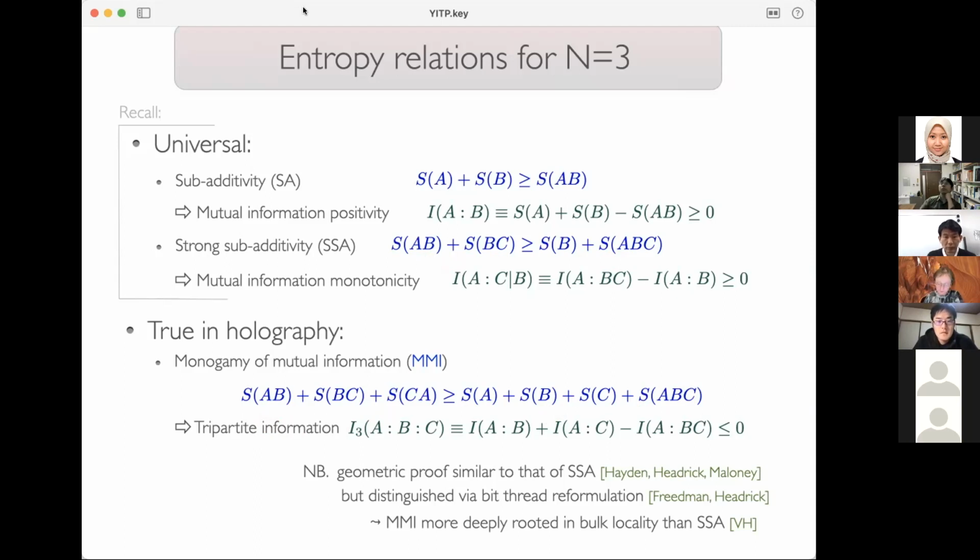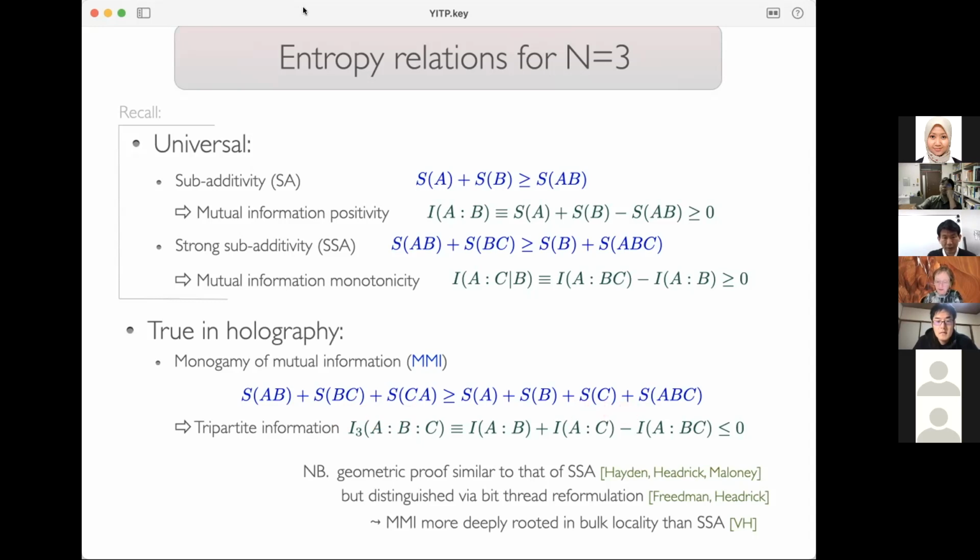In fact, the proof of this MMI is much more rooted in bulk locality than this inequality, which to me suggests that somehow that reformulation of the holographic entanglement entropy goes more to the heart of how these things work, or of distinguishing the holographic context. Anyway, that was just a throwaway remark for the aficionados. The main point of this slide was just to show you this relation.